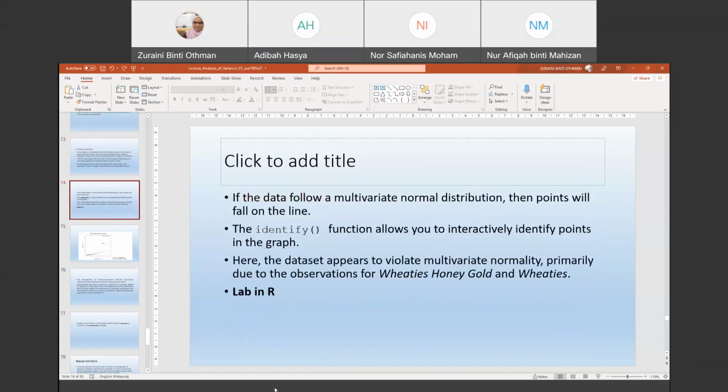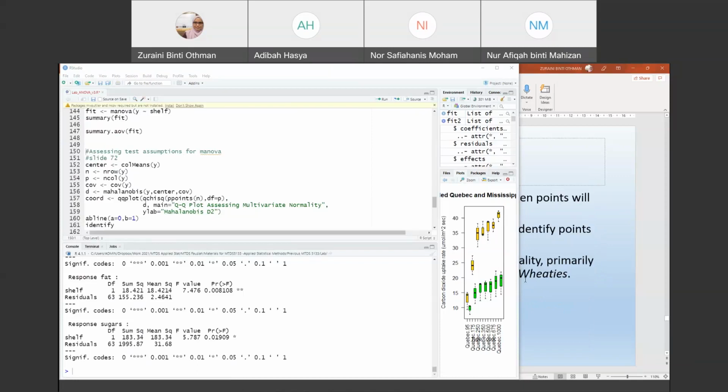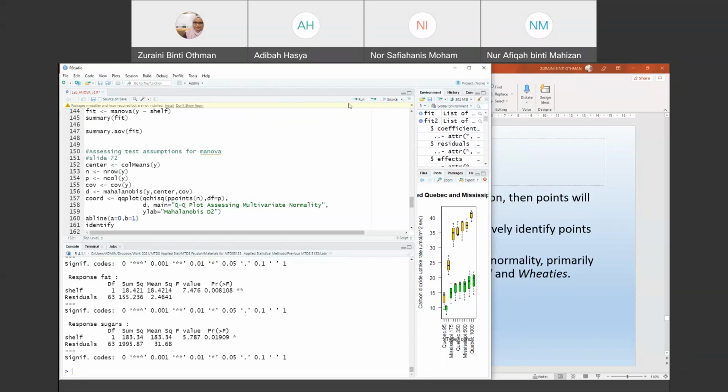Kita tengok. Okay. So this is the center. Okay. Okay, so we run it.